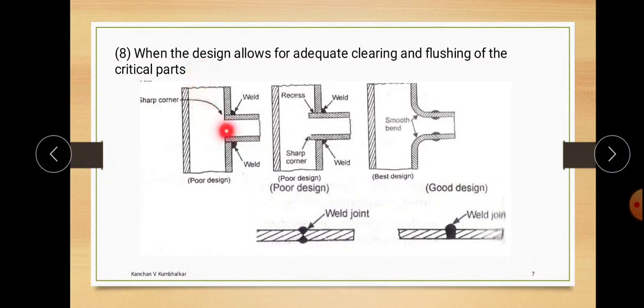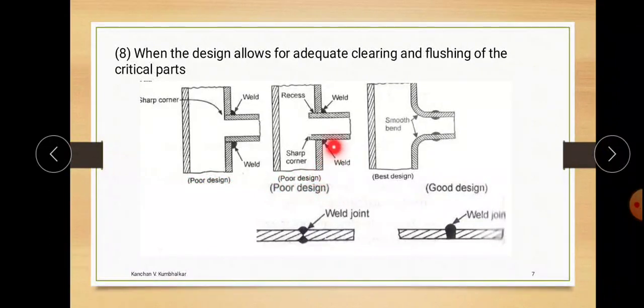Suppose a chemical is flowing through this. Because of the sharp corner, the chemical may not be easily cleaned from here, and there is a possibility of stagnation or accumulation of solids, due to which the corrosion rate can be enhanced here. Hence this design, because it has a sharp corner, is declared a poor design.